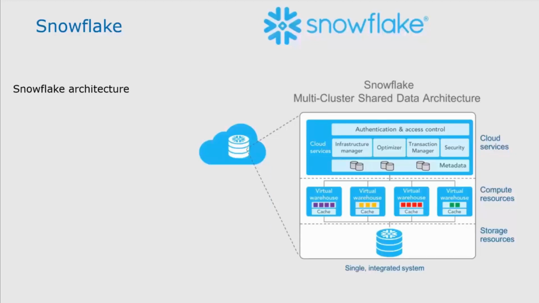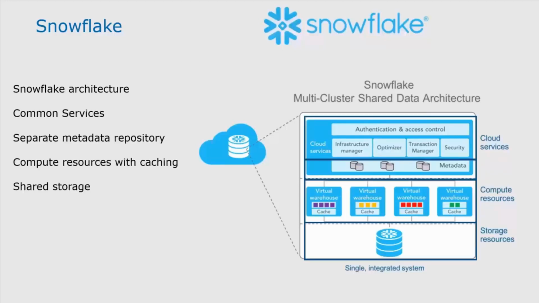All metadata is stored in a separate repository, which is very handy when we are dealing with different compute nodes, as well as letting Snowflake handle different data varieties or data types in a different way than a lot of the other data warehouses. I mentioned those. And it also has connectors to all the main clouds.